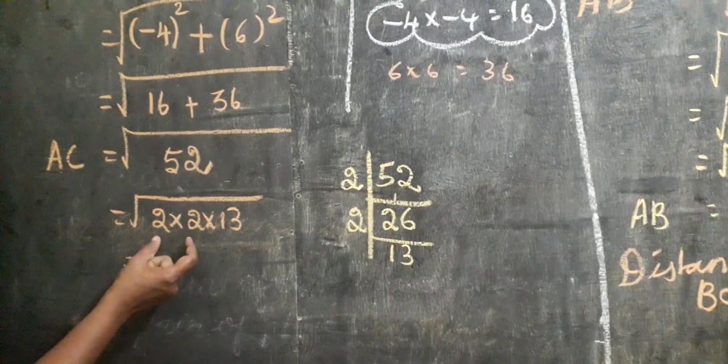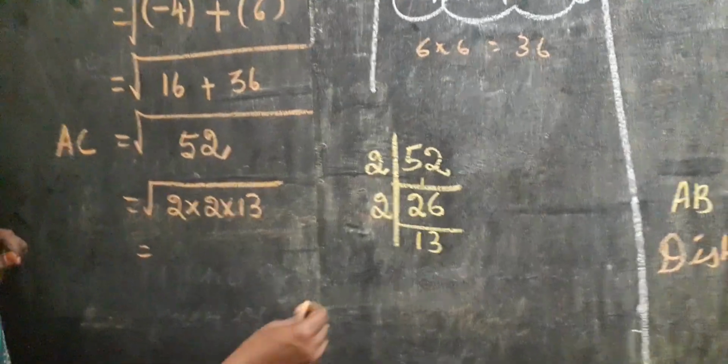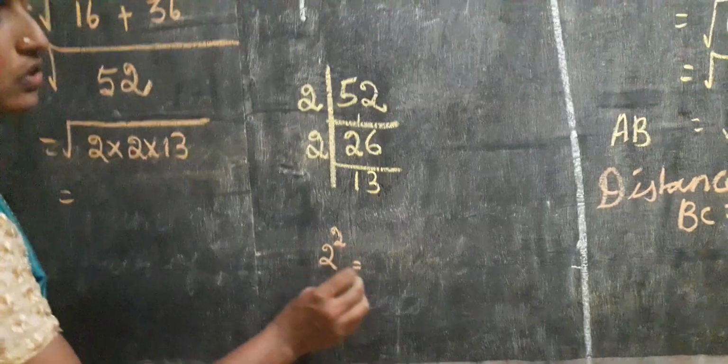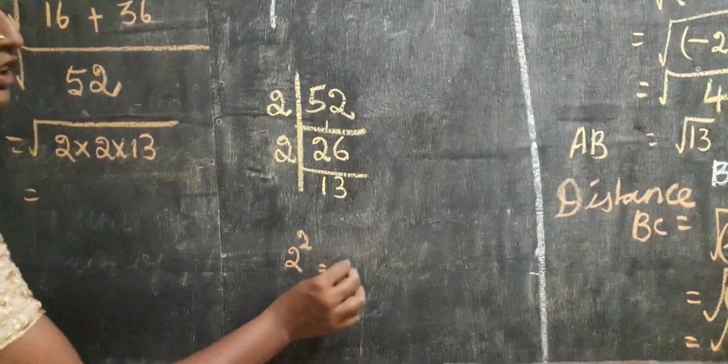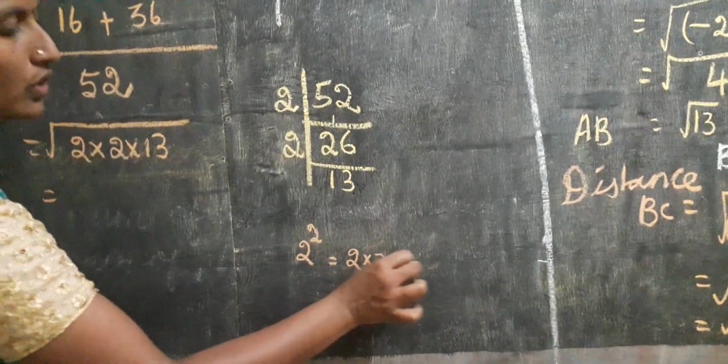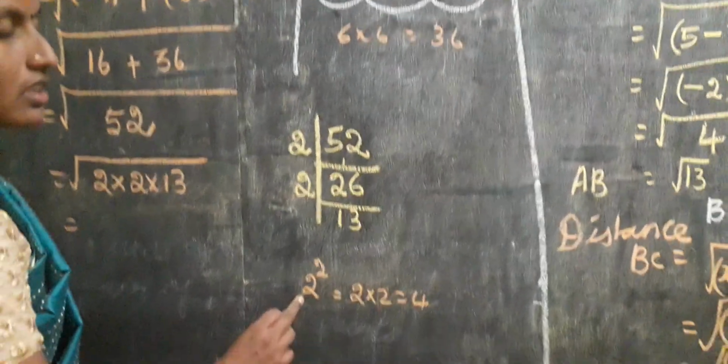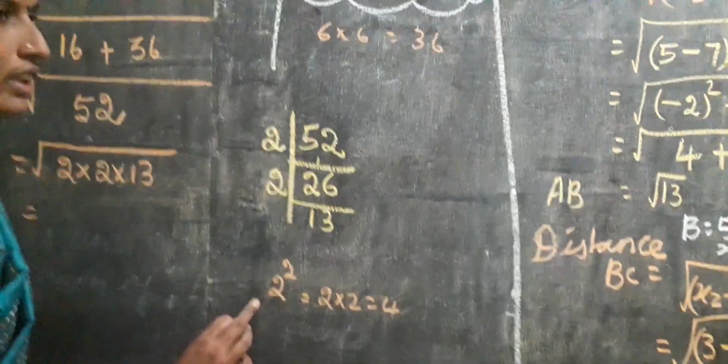How to take the square root of values? For example, 2 square. What is the value of 2 square? 2 square means multiplying 2 two times, so 2 into 2 is equal to 4. That is 2 square; this is the square value.